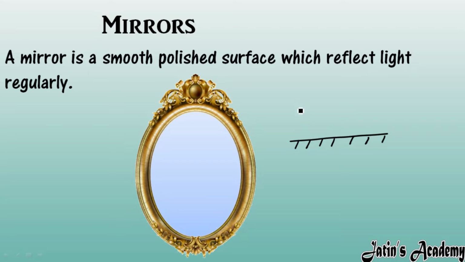Whenever an object is standing in front of a mirror, the light is going to strike the mirror, and after striking, by making a normal with the reflecting surface, it will reflect back with the same angle. So with the help of a mirror we form the images of objects standing in front of it.